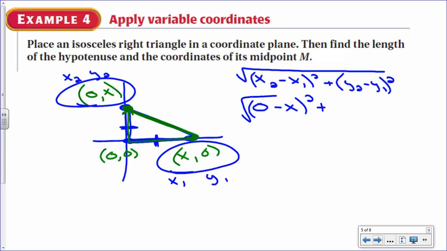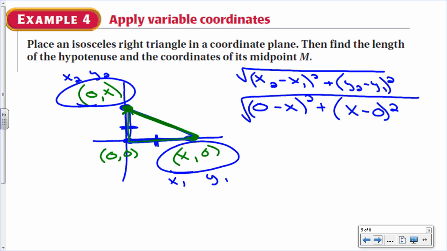Plus, my y2 in this case is x, subtract 0. Okay. All right, so then we want to break it down from there.